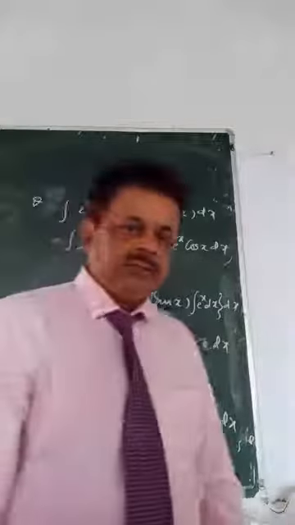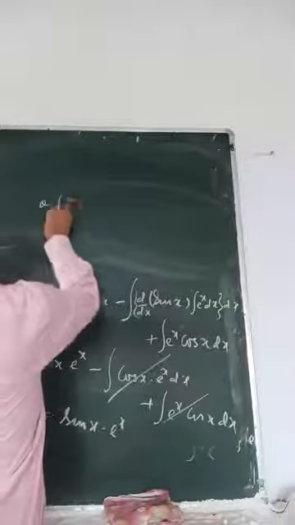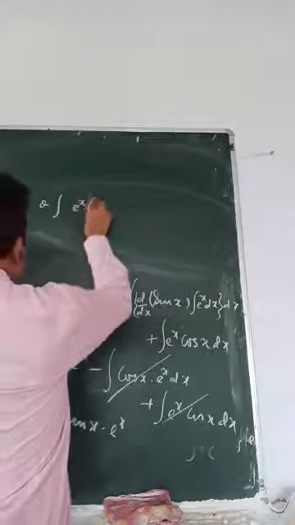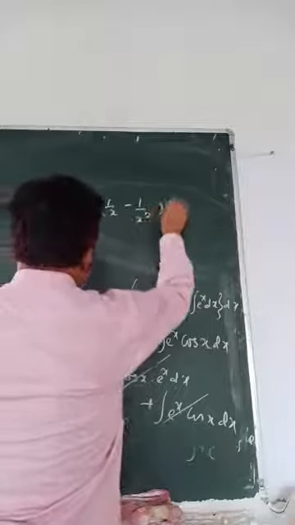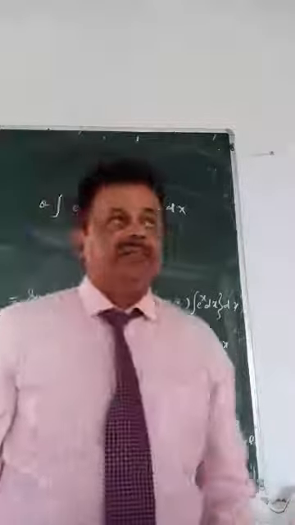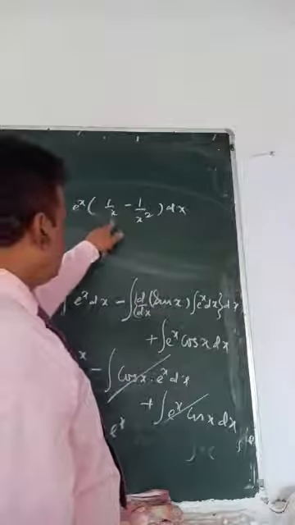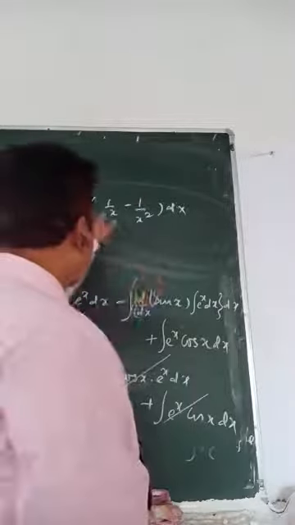Okay. So let's take one more question then. e to the power x (1 by x minus 1 by x square) dx. It should be a perfect derivative. The differentiation of 1 by x is minus 1 by x square. That means its derivative is this one. So do a separation.